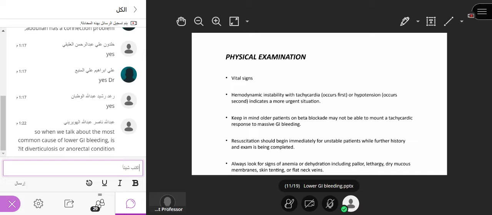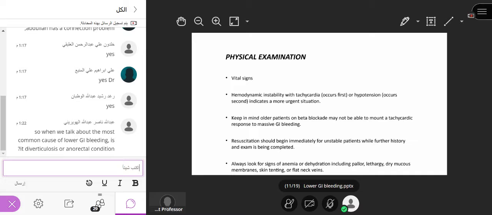Keep in mind, older patients on beta blockers may not mount a tachycardia response to a massive GI bleed. Somebody already on a beta blocker for hypertension or other diseases will not have much tachycardia from the bleeding. This may give you a false sense of security that he is not bleeding, but if you know he is taking a beta blocker, tachycardia will not be much in spite of the bleeding and shock.